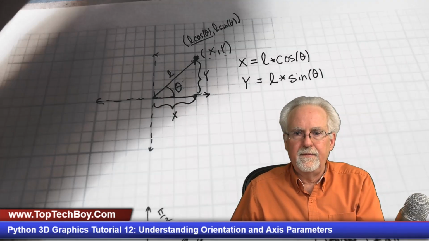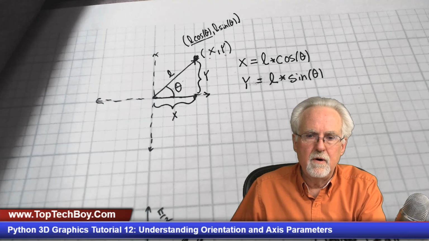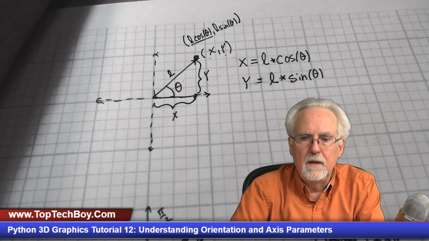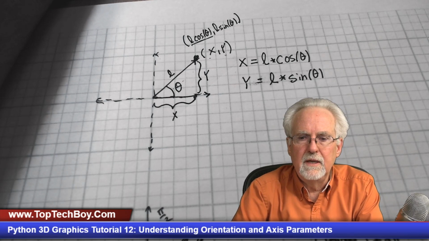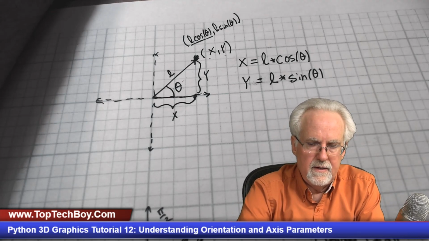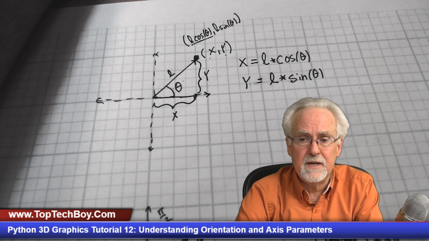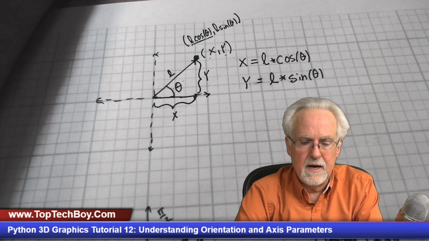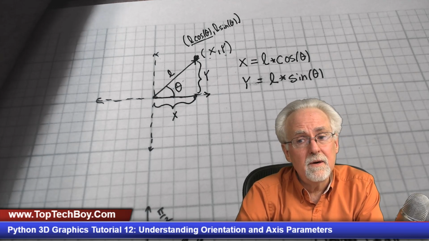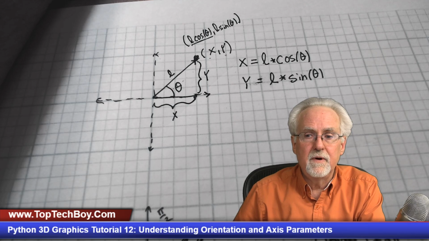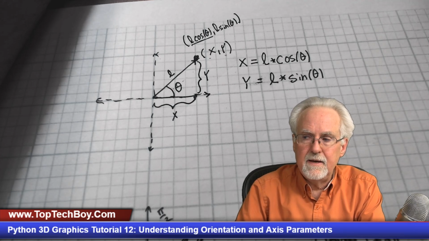L cosine theta. So we will come over here and we will put in arrow length, right? Arrow length was our L, times, how do I get cosine? Well, it is a numpy function, so it's np.cosine. And what's your angle? Theta, right? I set the theta up over here. So that's my x value.